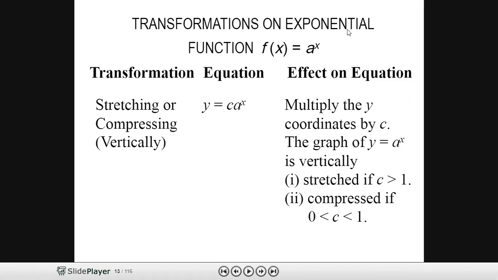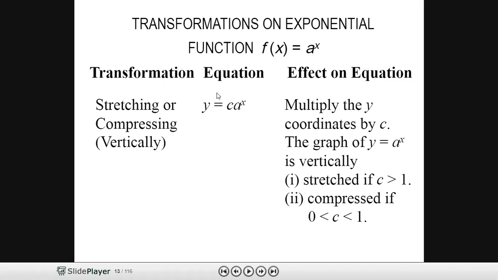The other transformation is that if a constant is multiplying. You can see the transformation of the exponential function f of x equals a raised to the power x, the exponent is x. Now, transformation equation and effect on the equation. This transformation is stretching or compressing vertically.